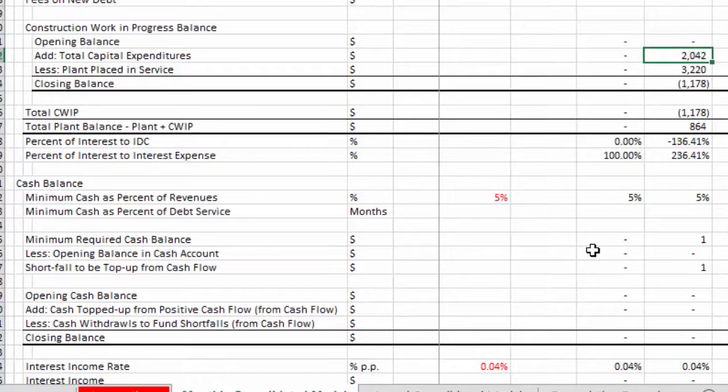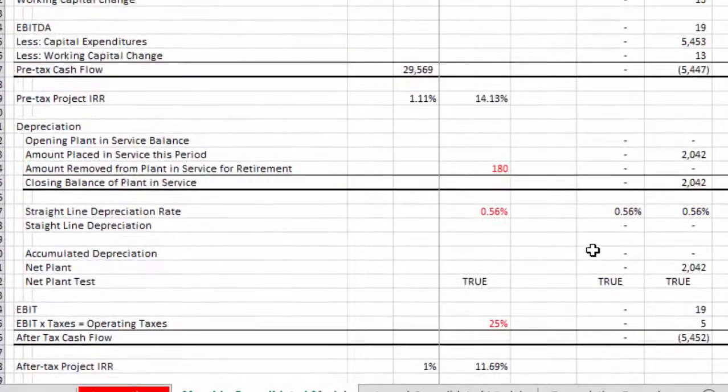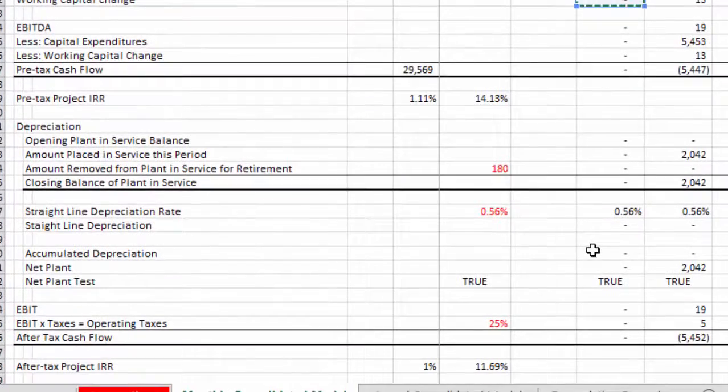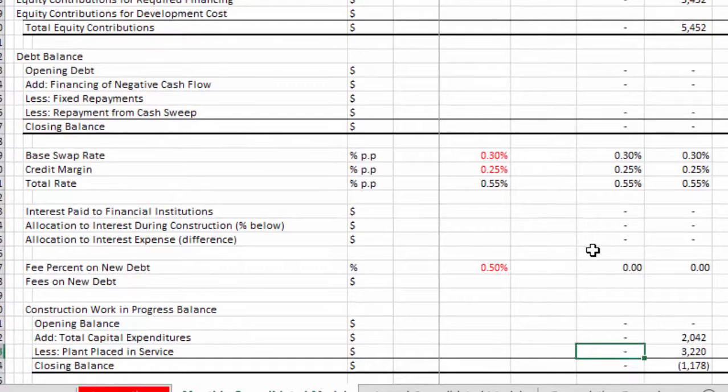Opening balance, add the construction, and the plant placed into service is clearly something wrong. We should have taken the plant that was actually placed into service. Hopefully I made an error there, and this should have been 253, and for some reason I used 100, but maybe that was just from another place.